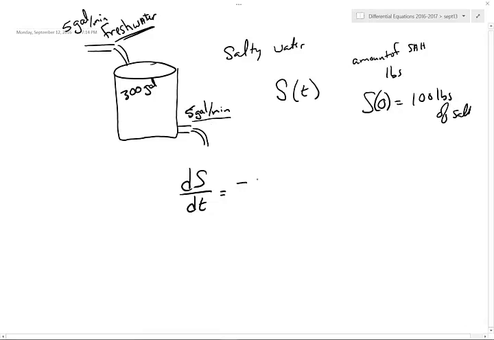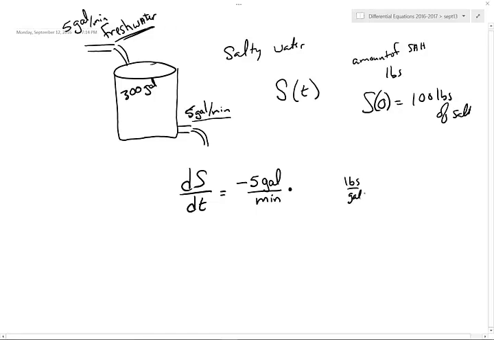So the drain is draining at 5 gallons per minute. That make sense? Times, now I need to have this in pounds per minute, because this is salt, so it's in pounds, and time is in minutes. So I want it to be in pounds per gallon.